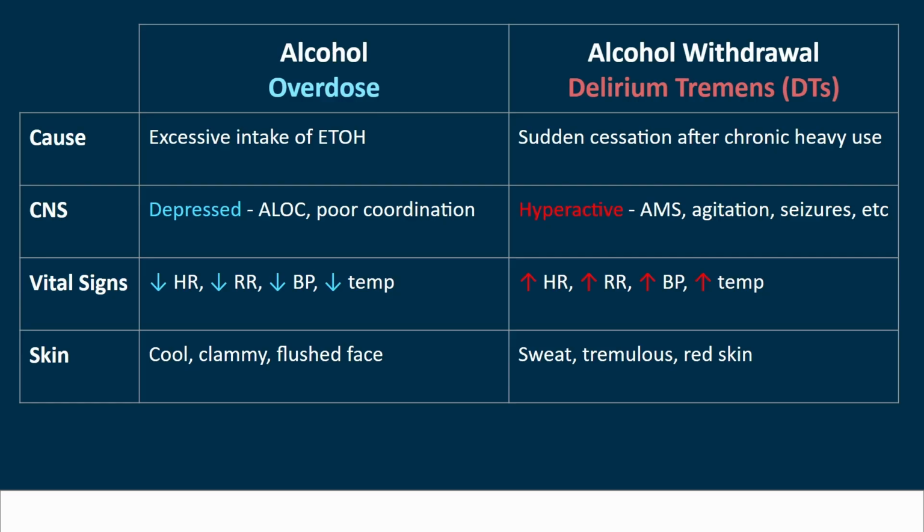I become tachycardic, tachypneic, hypertensive, crawling out of your skin, itchy. Red face is a dead giveaway, that flushed skin. So you start off down, and then when you stop, you go up.